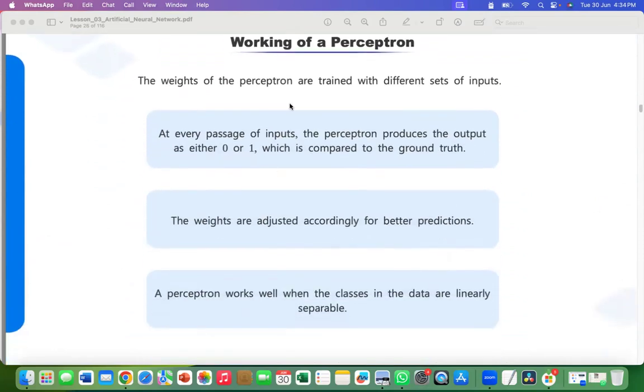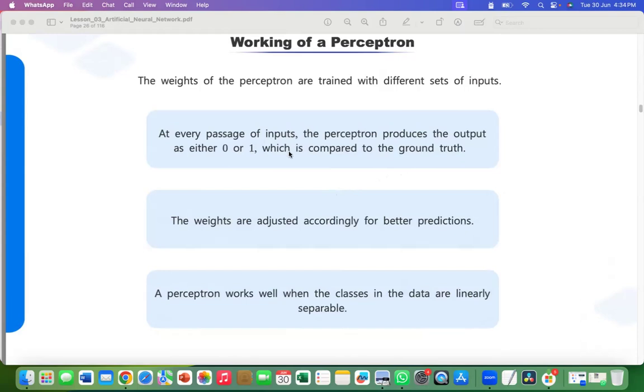The weights of a perceptron are trained with different sets of inputs. At every pass of inputs, the perceptron produces the output either 0 or 1, which is compared to the ground truth. Right? What are we doing? At every pass of inputs, what does the perceptron produce?